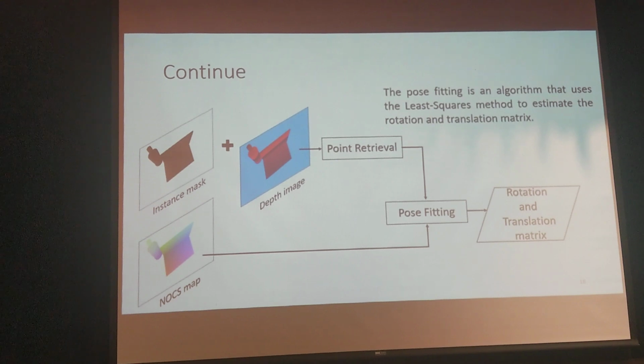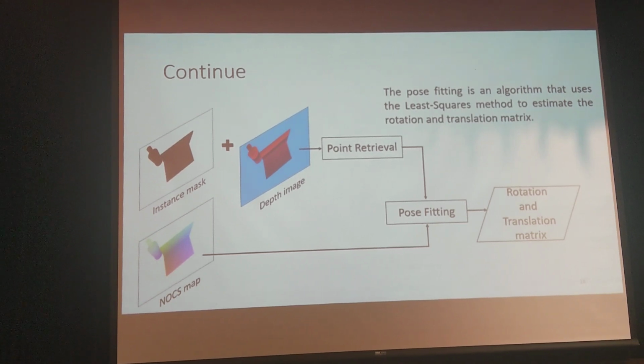After we got the mask and NOCS map from the CNN network, we can use the mask and depth image with camera intrinsic and extrinsic to obtain points.